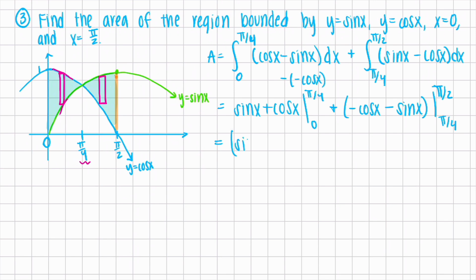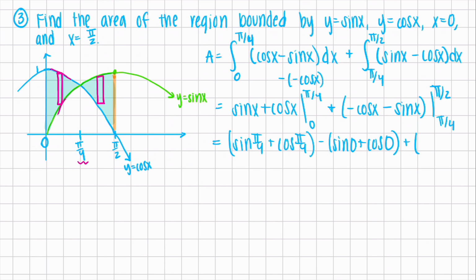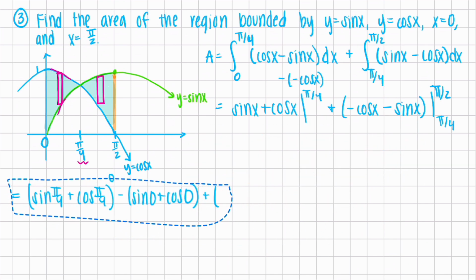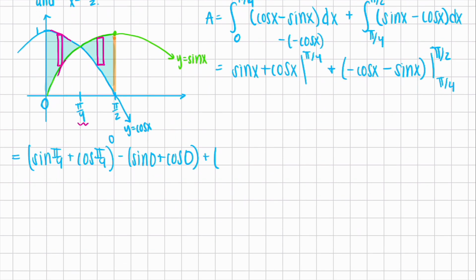So I'm going to have sine of pi over 4 plus cosine of pi over 4 minus sine of 0 plus cosine of 0, plus, running out of room, let's move down here. Plus negative cosine of pi over 2 minus sine of pi over 2 minus negative cosine of pi over 4 minus sine of pi over 4.